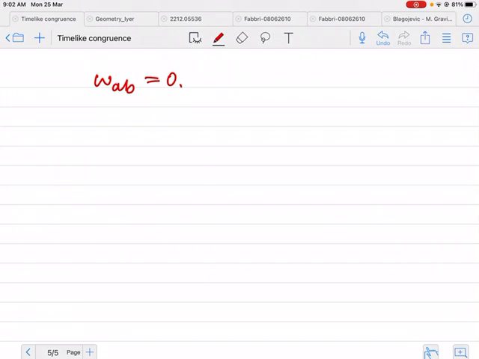To prove this, we first note that hypersurface orthogonality implies that the vector field has the form u_a equal to minus mu del_a phi, for two functions mu and phi.